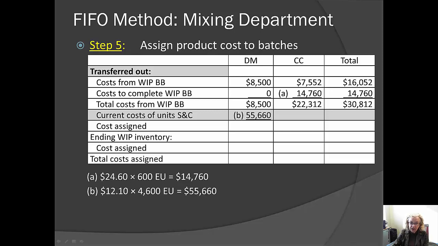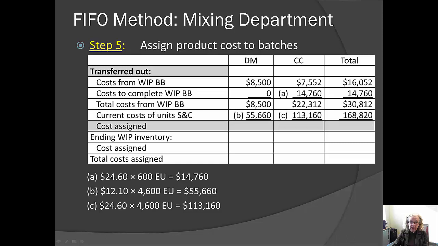So, for materials, there were 4,600 equivalent units times the cost per unit for materials. For conversion, there were 4,600 equivalent units times the cost per unit for conversion, and we can add those together to find the total amount of current costs embodied in these units.